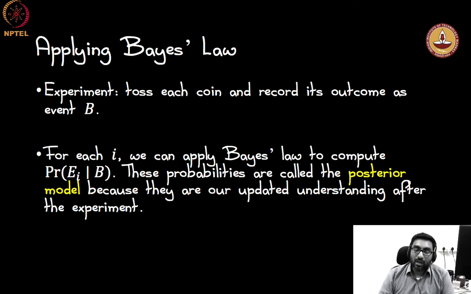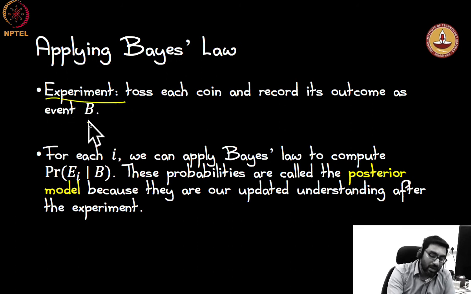Now let's try to apply Bayes' law. For that, we will need to run some experiment, and we need to be able to use the outcome of that experiment, that event B, in order to make some improvements to our model. So basically, compute the posterior model. So now let's say we toss each coin, and B is the outcome of each of those three coins.